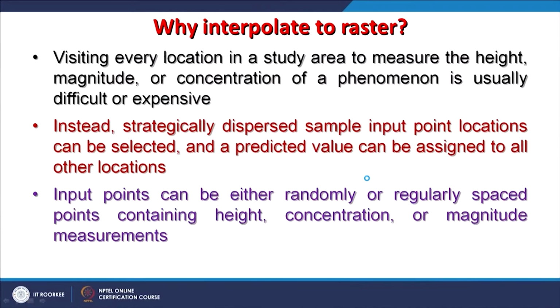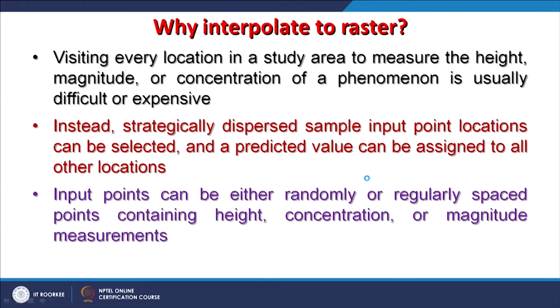Now, why do we do interpolation? Because it is not possible to visit each and every site, especially when the terrain is very difficult, like the Himalaya. Wherever it is possible, people go and collect the height. This is how our Survey of India topo sheets have been created. Or there are many phenomena where it is not possible to collect information systematically.